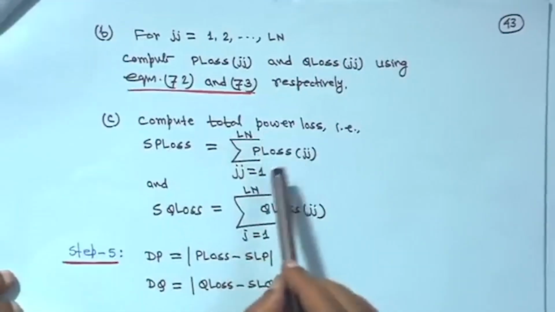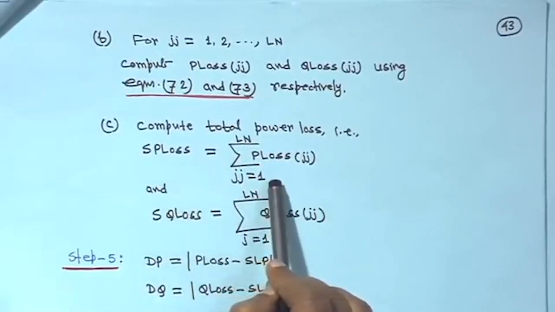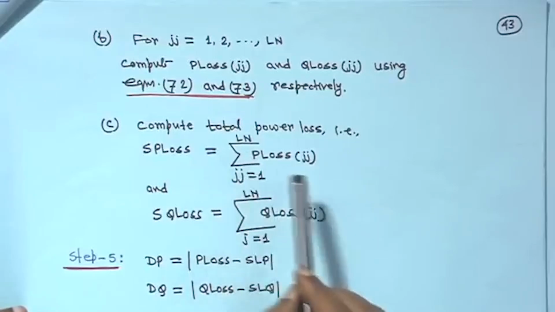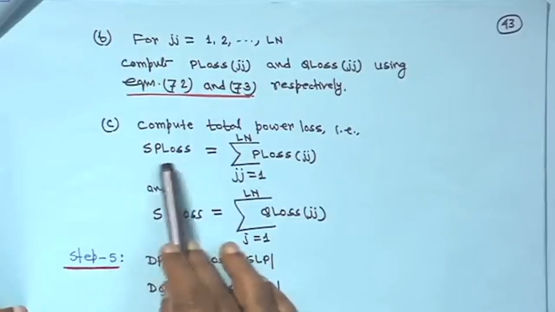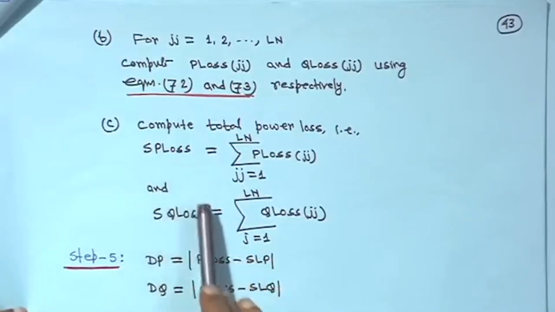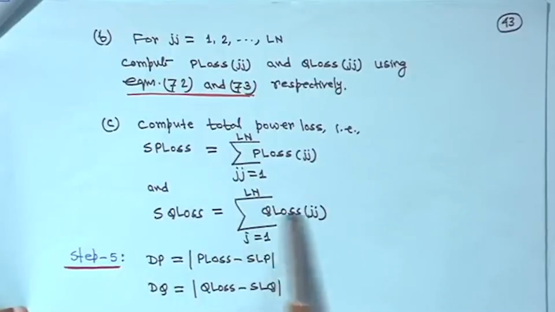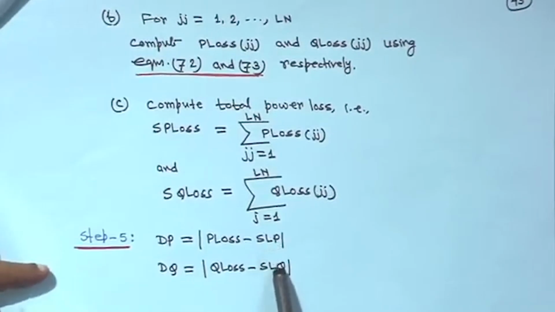You sum up the power; the equation is not shown, but I have written it in mathematical form: compute all the branch power losses, the total loss, sum over JJ is equal to 1 to ln of P loss JJ, and similarly the total Q loss. SP loss means sum P loss, that is why I am writing SP loss, and SQ loss is equal to the sum over JJ is 1 to ln of Q loss JJ, the total reactive power loss.